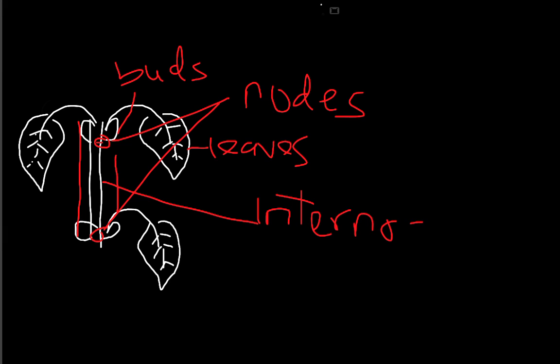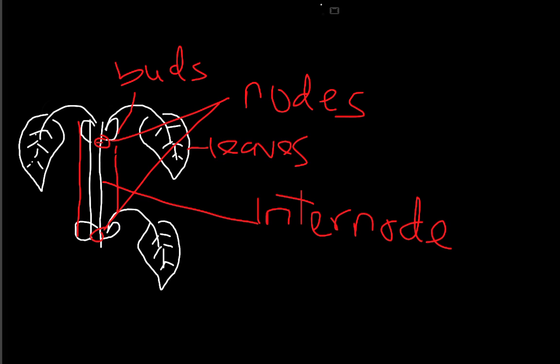Generally speaking, a stem is divided into nodes and internodes. The nodes are points where the flowers and leaves spring out from the stem, while the internode is the space or distance between two nodes.